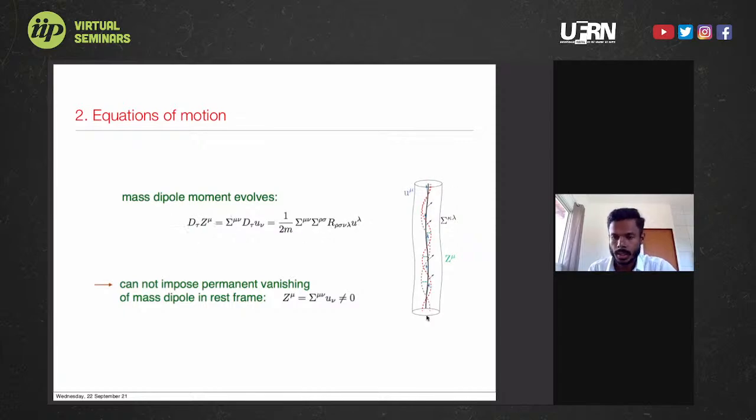Look at this world tube, where this thick black line is the world line where the spin tensor is covariantly constant, shown by these black arrows. And these dotted lines are some center of mass world lines. And the difference between my world line, which is this thick black line, and the center of mass world line is Z mu, and this is not equal to 0 all the time, right?